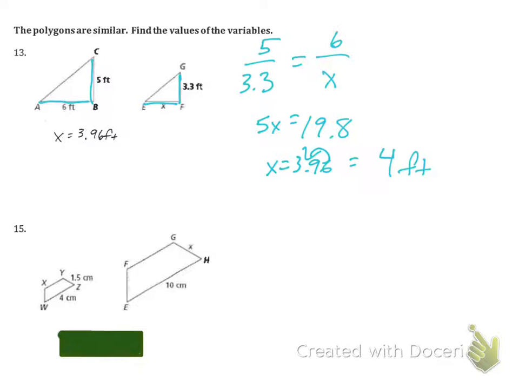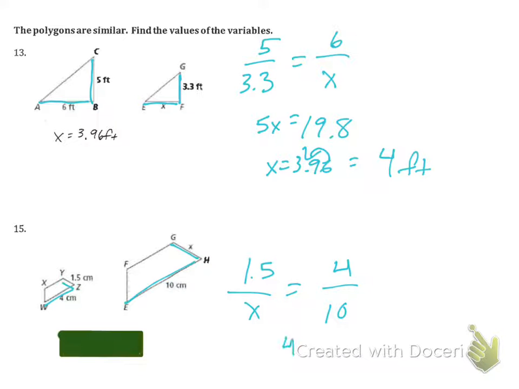All right, same with this one. It tells us the polygons are similar, so that means they're going to be proportional. Let's do this one over this one, and then this one over EH. So that'd be 1.5 over x is going to be equal to 4 over 10, and it's all in centimeters.